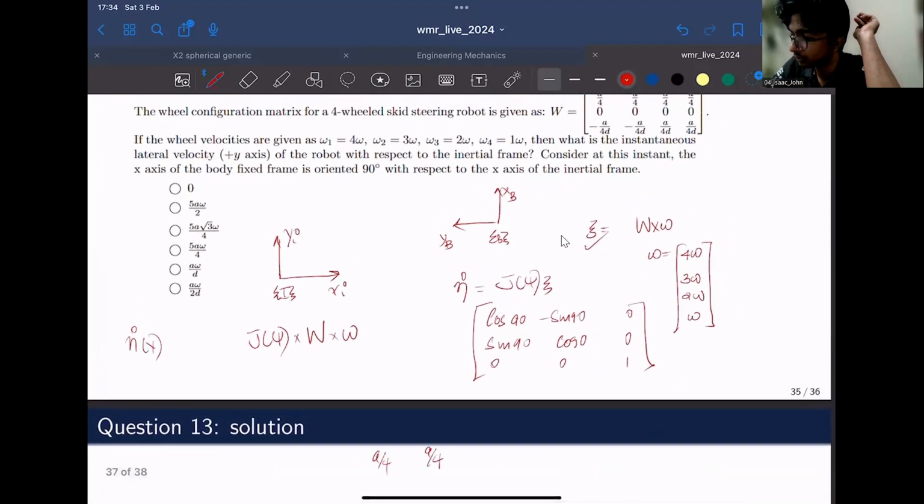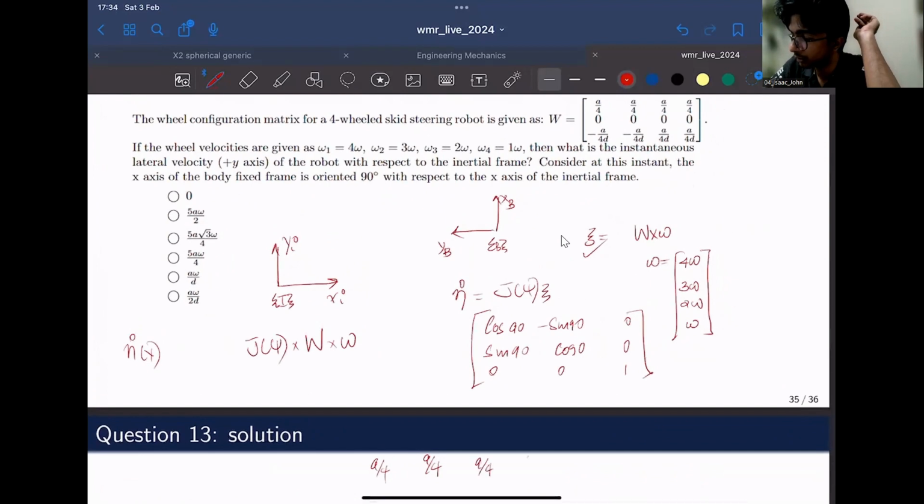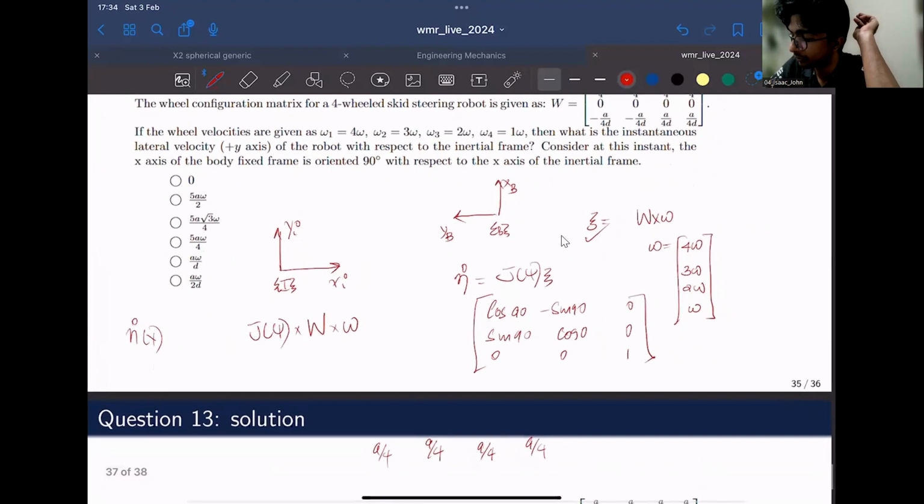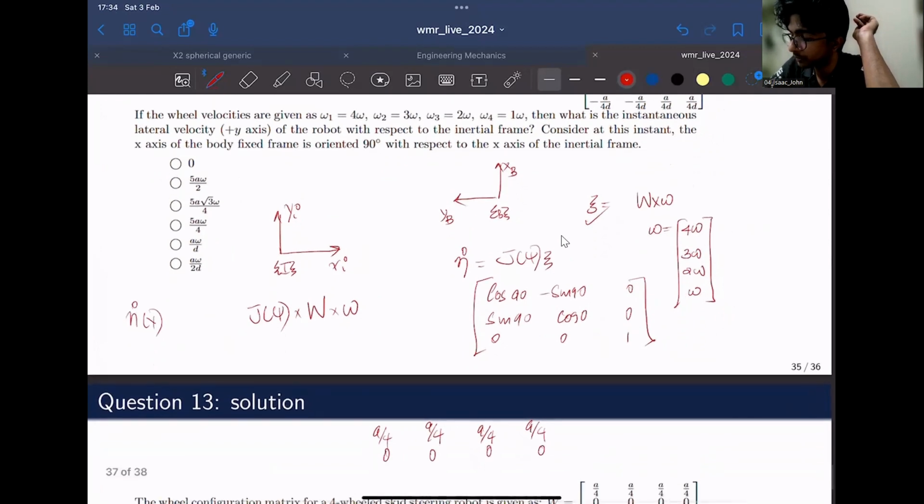The first row is a by 4, a by 4, a by 4, a by 4. Then the second row would be 0, 0, 0, 0. Third row would be a by 4d, a by 4d, a by 4d, a by 4d. First two entries are negative. So you have 4 omega, 3 omega, 2 omega, omega.